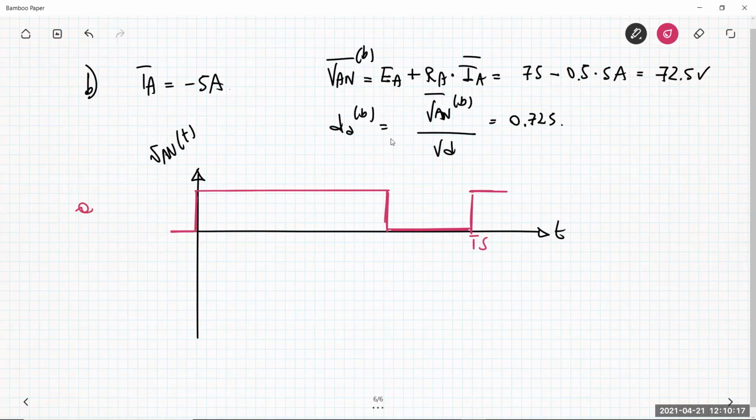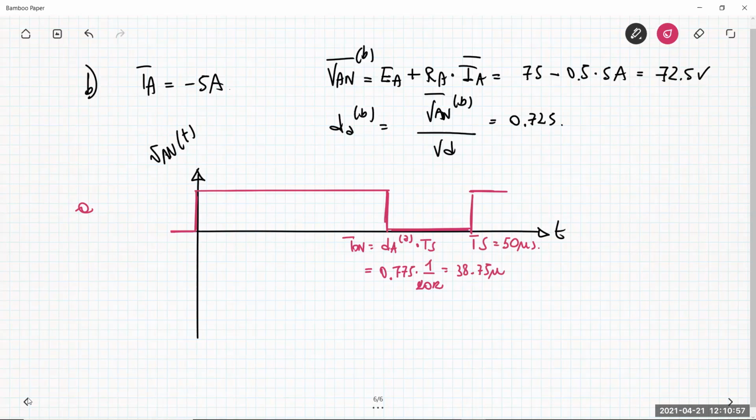So T on is the duty cycle at the point A multiplied by TS. So this is 0.775 multiplied by TS. TS is the inverse of the frequency, so it is 1 over 20 kilohertz, so it's 50 microsecond, and this is 38.75 microsecond.